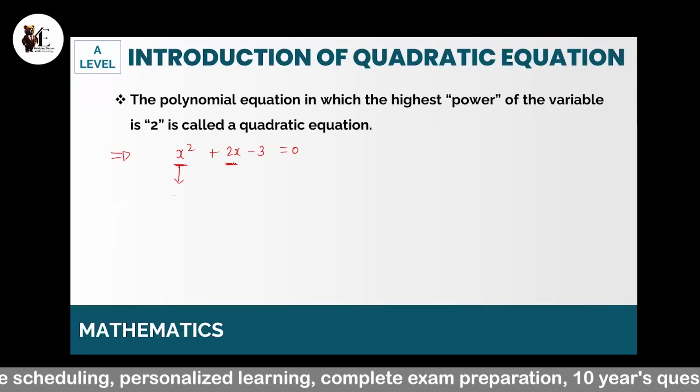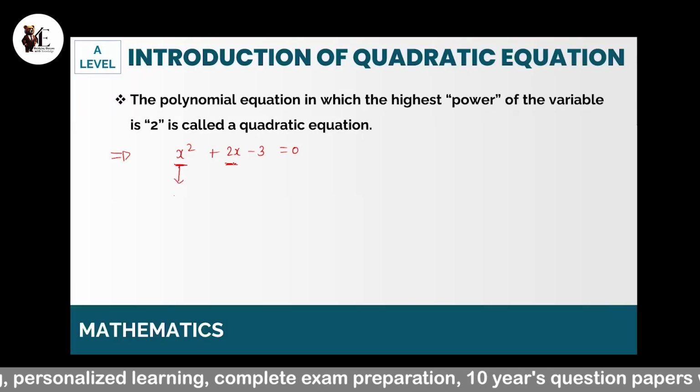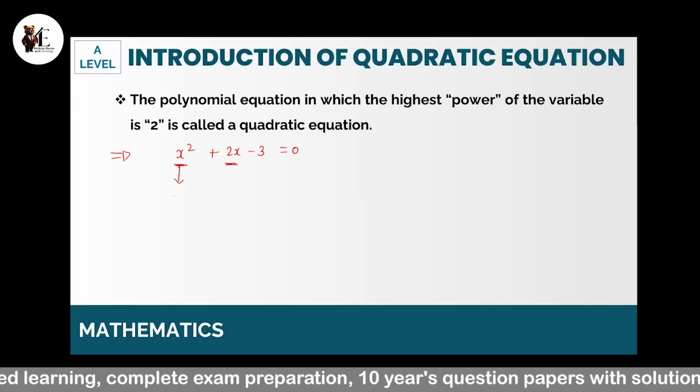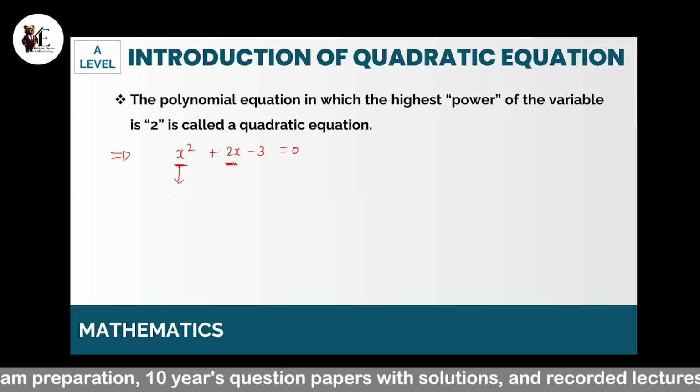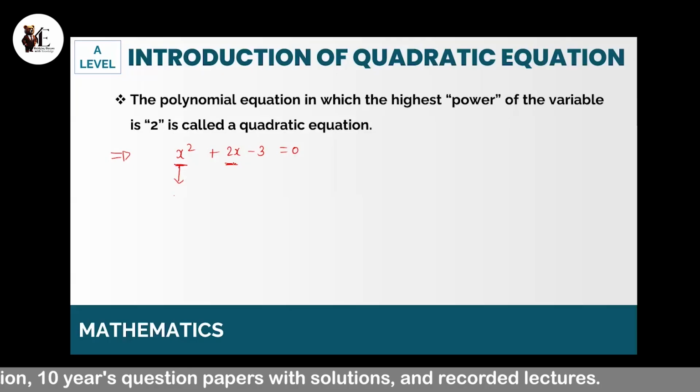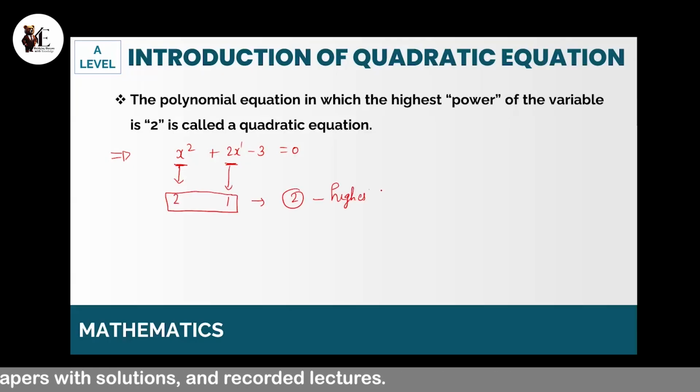So if the highest power of the variable is 2, then it is known as a quadratic equation. There is one name for the highest power of the variable, that is degree. Degree means highest power of the variable.